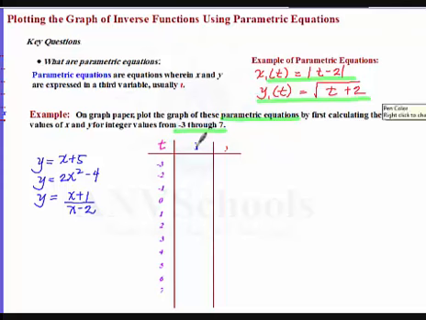The middle one is x, and the third one is y. Now let's solve for x and y when t is of a certain value. If t is equal to negative 3, for instance, then we are going to substitute our negative 3 to the t here.